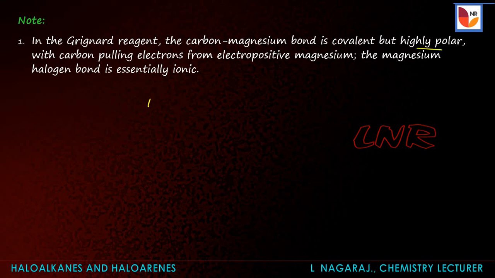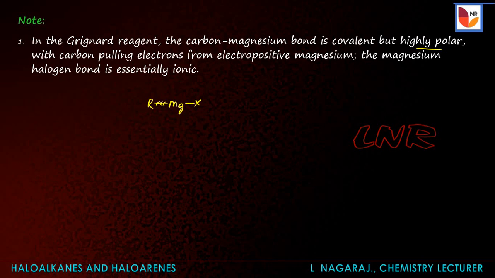Between the alkyl group and the magnesium there is a covalent bond, but it is highly polar in nature, with the carbon pulling the electrons from the electropositive magnesium. So the magnesium halogen bond is essentially ionic in nature.